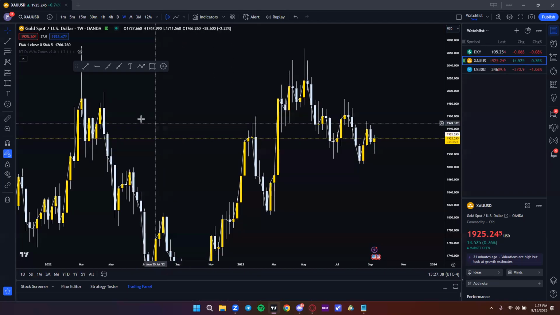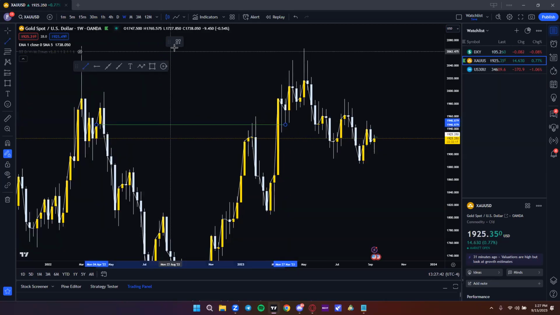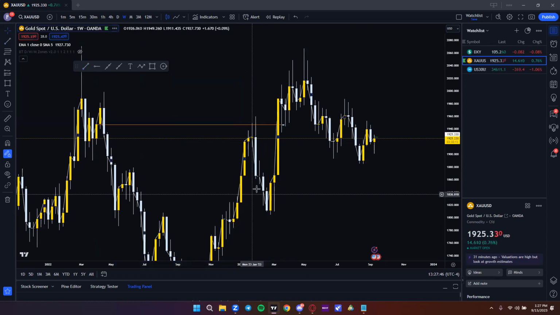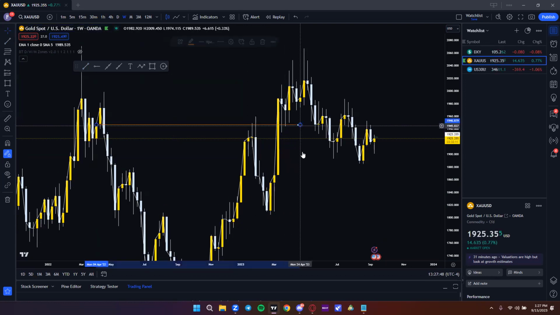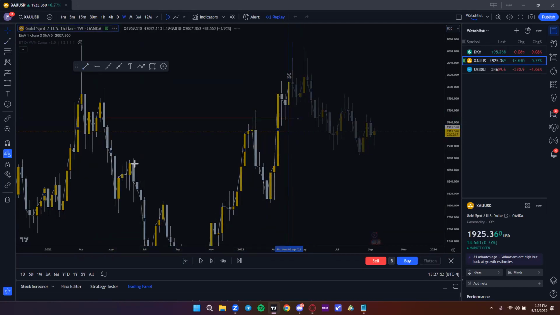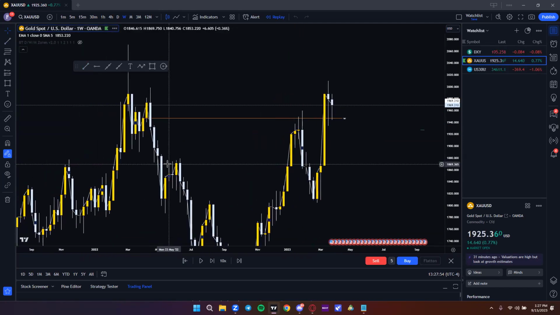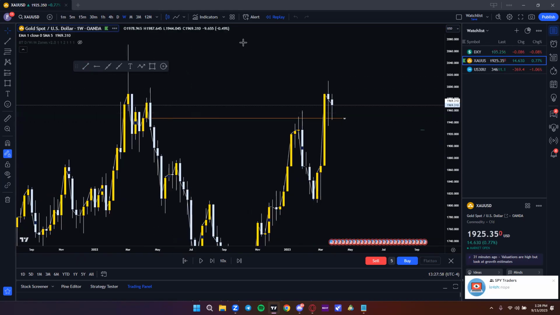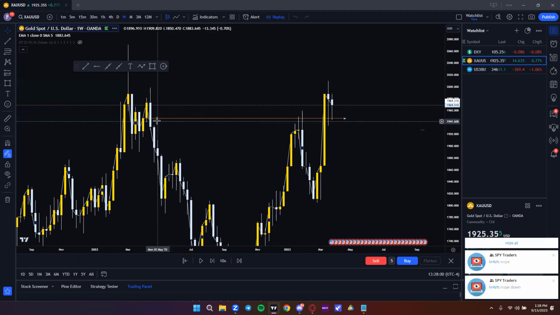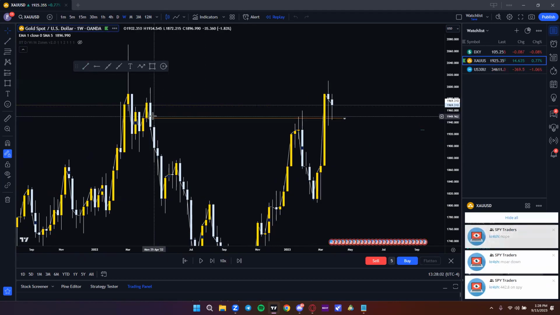Like right here. Can you guys all agree that this is confirmed to be a breakout level? Can you guys all observe that?